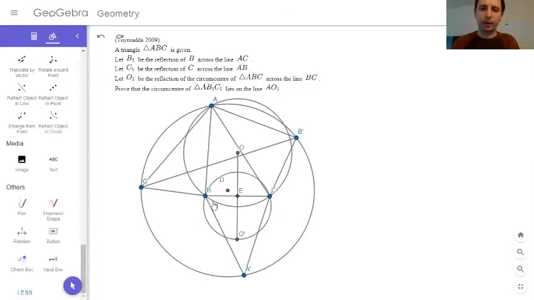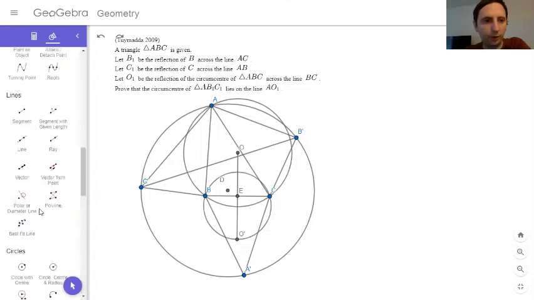I'm just rewriting it in my head. Angle AB A prime is 180 minus A. So C prime BC is 2B, right? But AB A prime, I was saying, is 180 minus A.